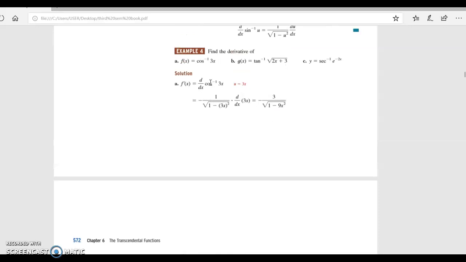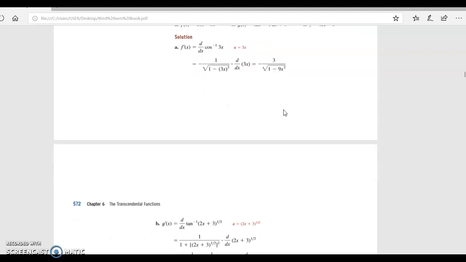The derivative f dash x of cos inverse 3x, here u equals 3x, is minus 1 by square root of 1 minus 3x squared into the derivative of u. That is minus 3 by root 1 minus 9x square.